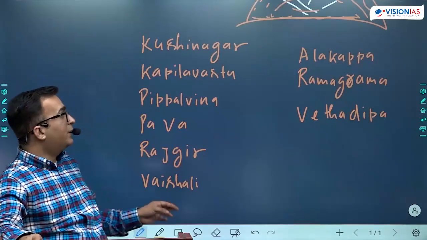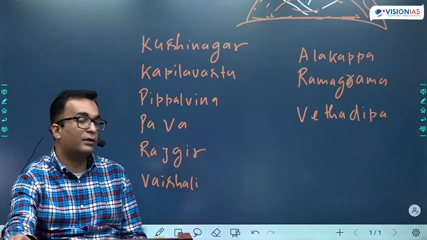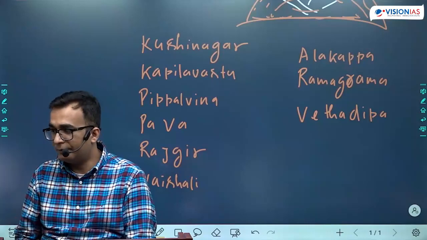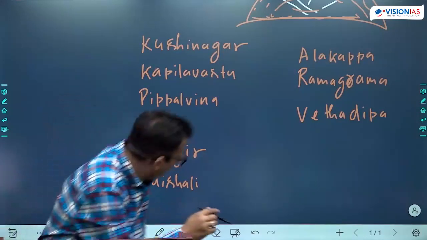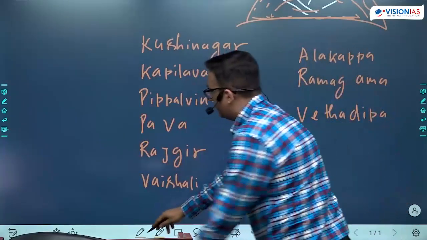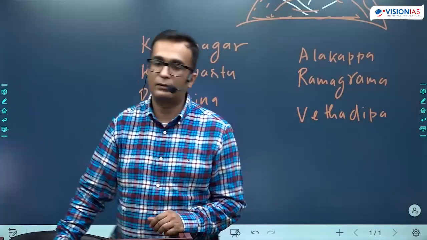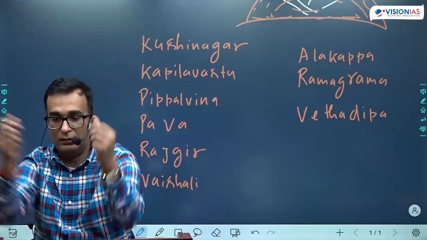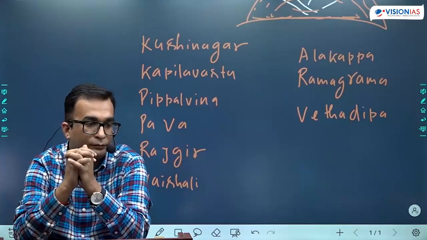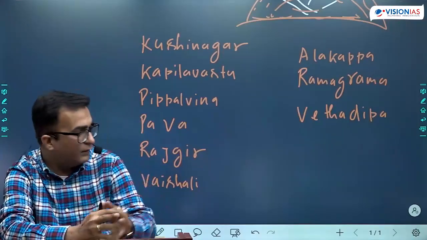So write these 9 places: Kushinagar, Kapilvastu, Pipalvina, Pava, Rajgir, Vaishali, Alakap, Ramagram and Vethdeep. Visible, na?